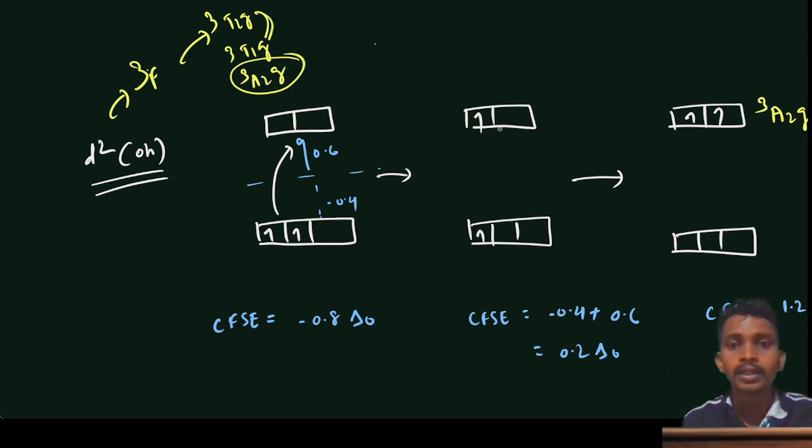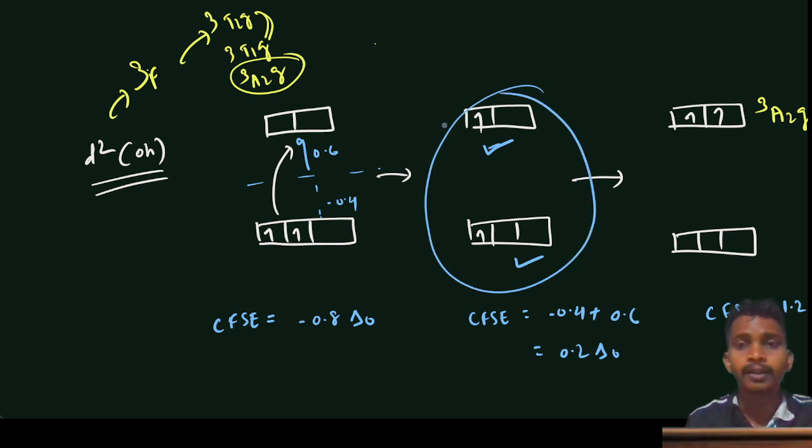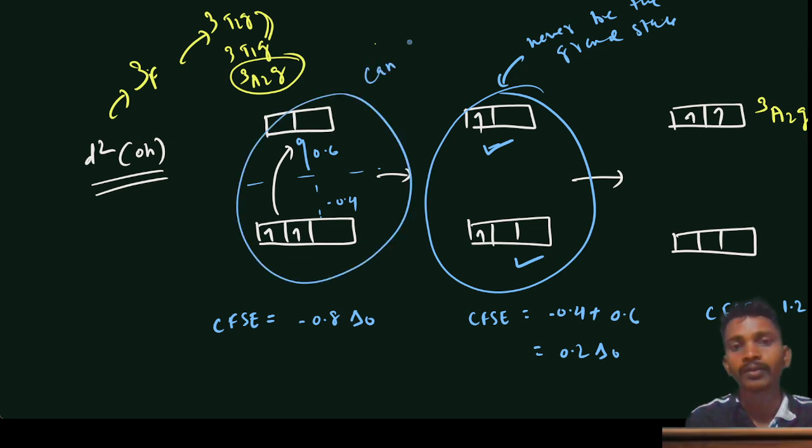Okay, because here two degenerate states are there, here also degenerate states are there, so these states can never be the ground state. This can be the ground state or this can be the ground state, and this can be the ground state.